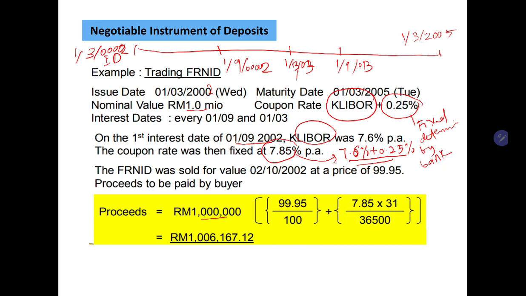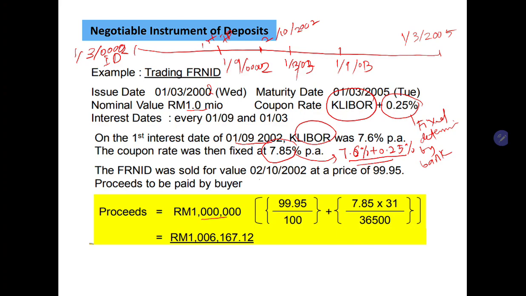As it was sold for value on the 2nd of October 2002, this FRNID was sold by the depositor to another investor on the 2nd of October 2002. This is the first interest payment.